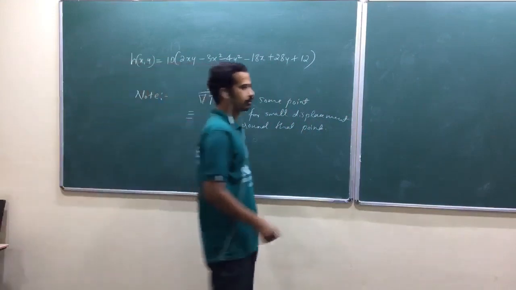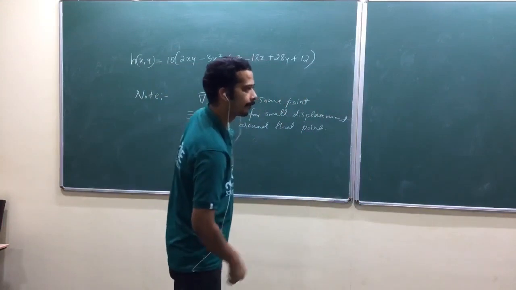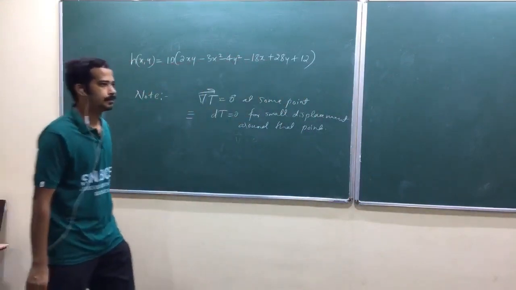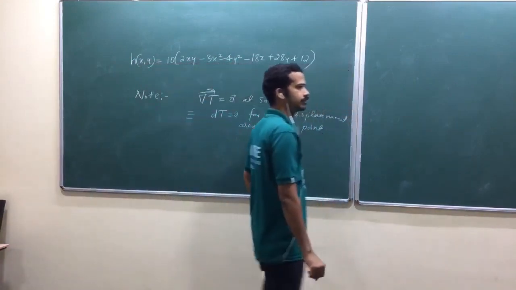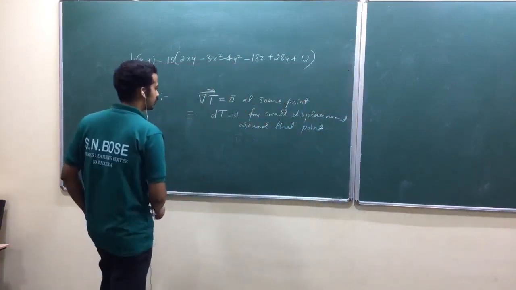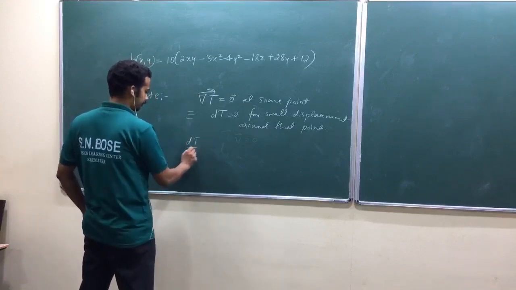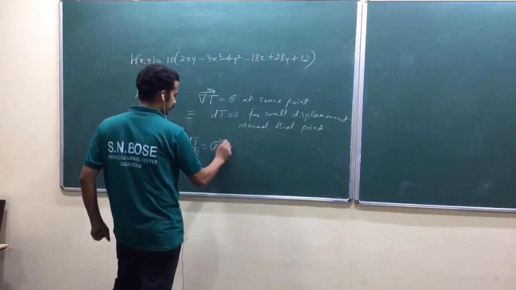Or you can just write dT by the magnitude of dl vector is equal to del T cos theta.